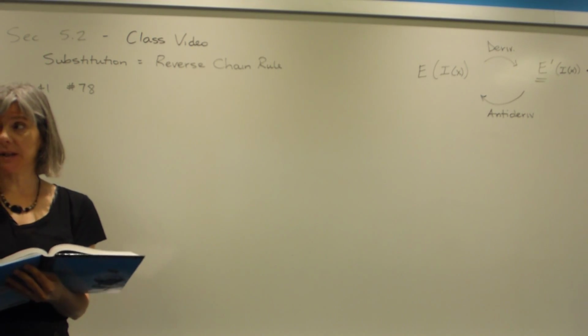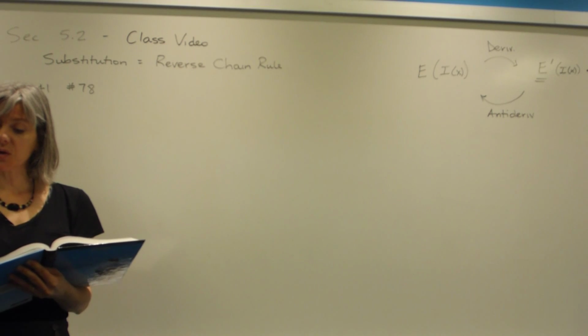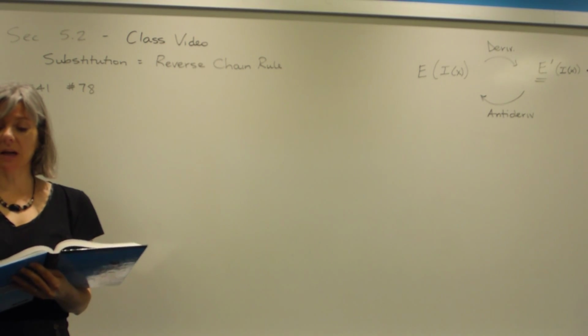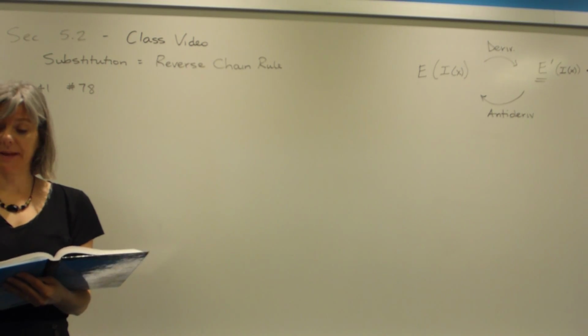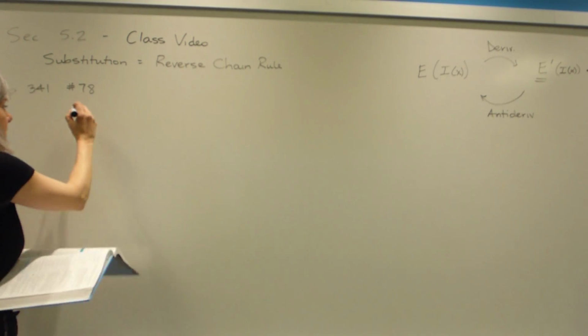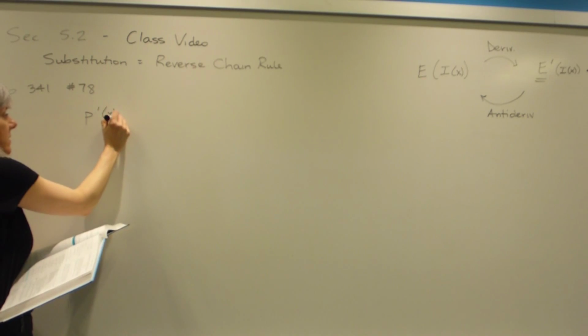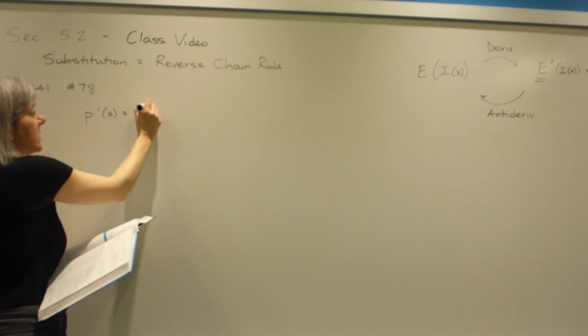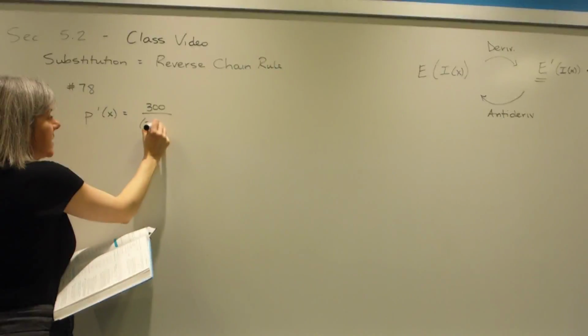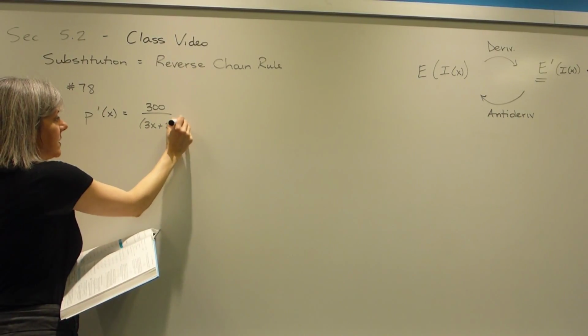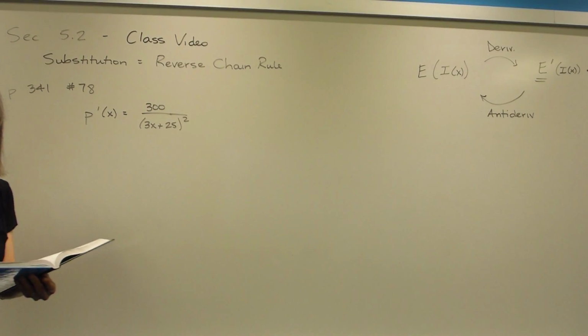It's going up the tangent line. So the marginal price, given a supply of x bottles of laundry detergent, is given by this. P prime of x equals 300 divided by 3x plus 25 quantity squared.